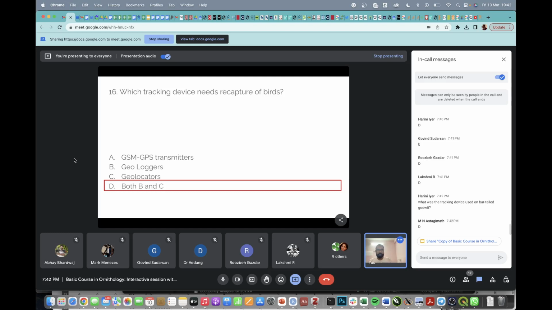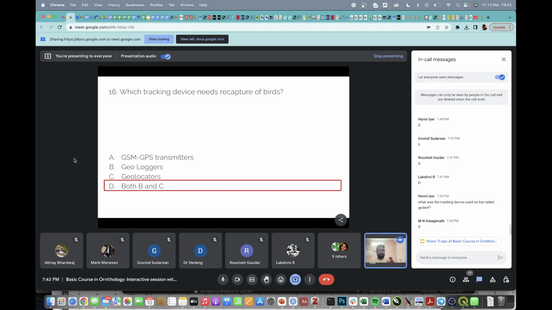What they do is they collect data of the location, the position where they are sitting, but they also have transmitters, so they keep transmitting that information back to some other receiver. So that's the GSM GPS transmitter. Then you have geologgers, which log the data where they are, basically GPS data, and because they need to have a GPS system in it, they are slightly heavier.